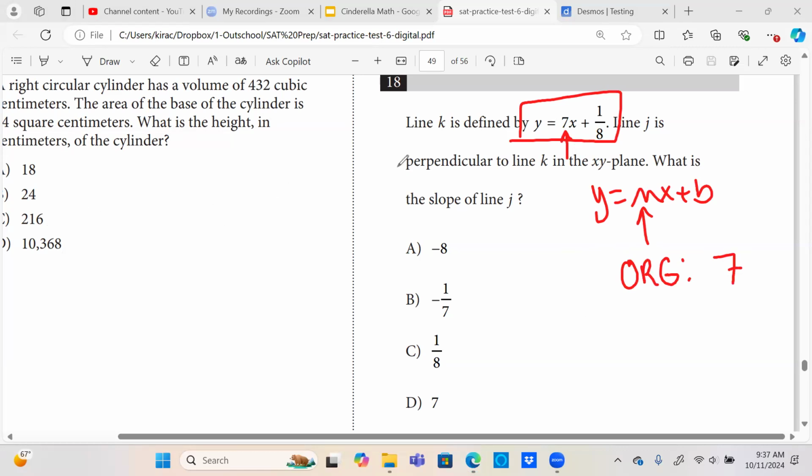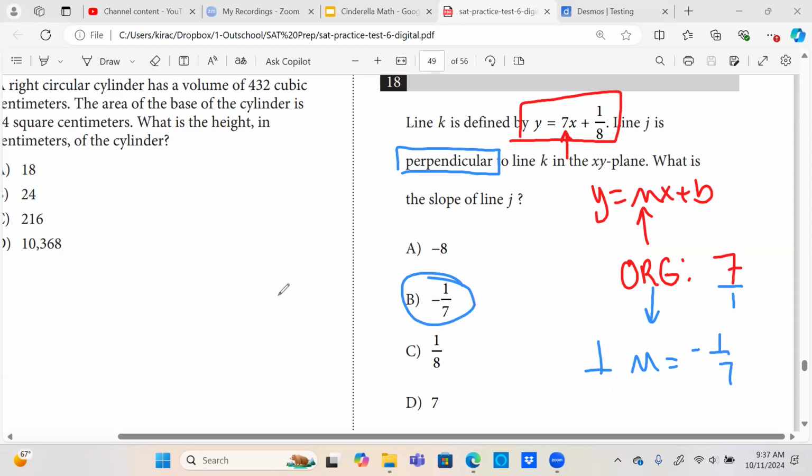The rule for perpendicular is you take the slope, you flip it, and you negate it. So the perpendicular slope, this is really 7 over 1, right? There's an invisible 1. Flip that, so 1/7, negate it. That will be the perpendicular slope.